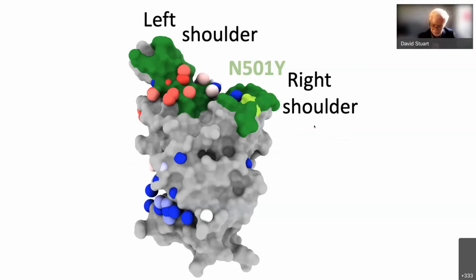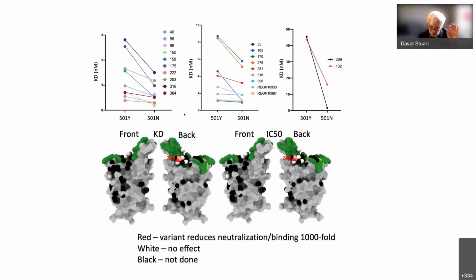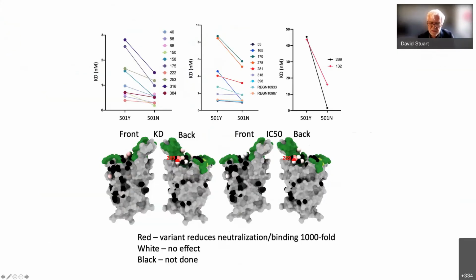So the N501Y is in the right shoulder there, and this one shows the effect of the mutation at 501, the alpha mutation, on the affinity of antibodies.